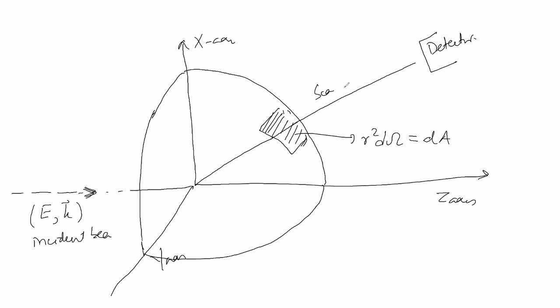Therefore, this is the scattered beam, and the energy is E prime and momentum vector is K prime. But for elastic scattering, E is equal to E prime.